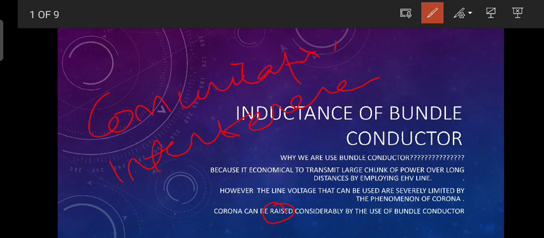This increase in the critical corona voltage depends on the number of conductors in the group and the distance between the groups forming separate phases.